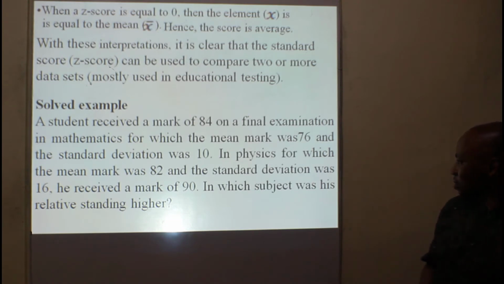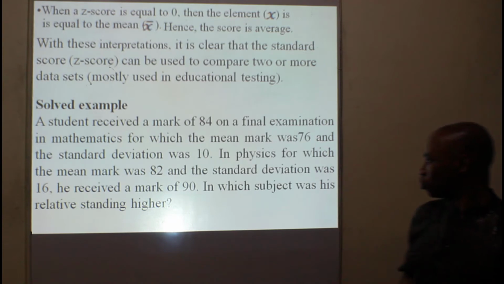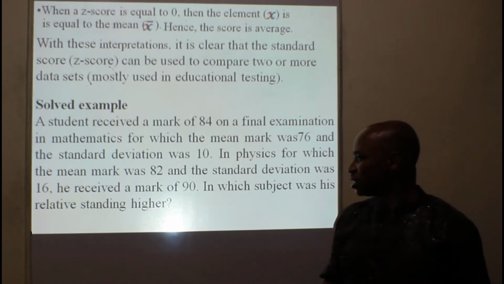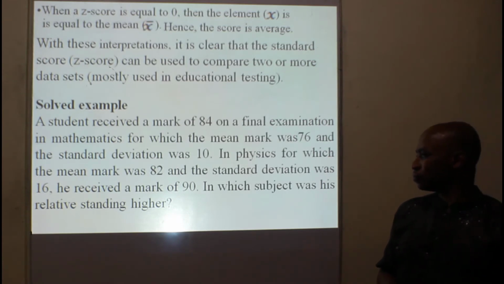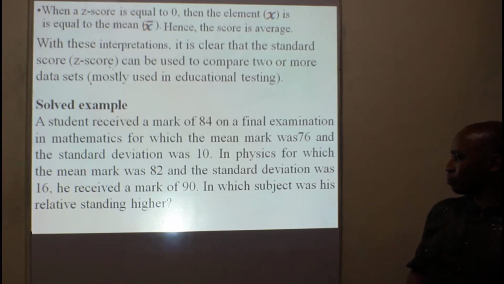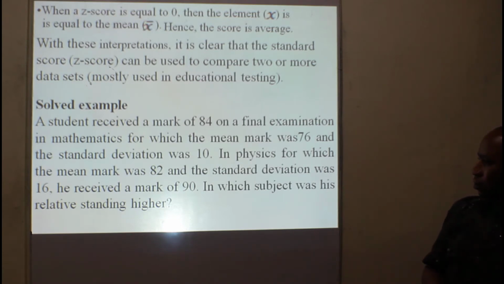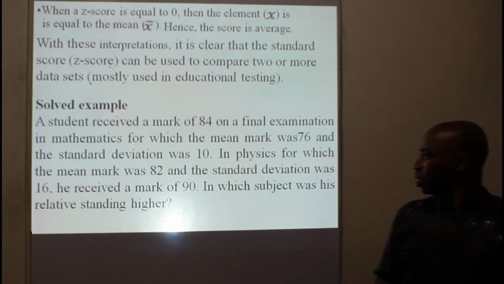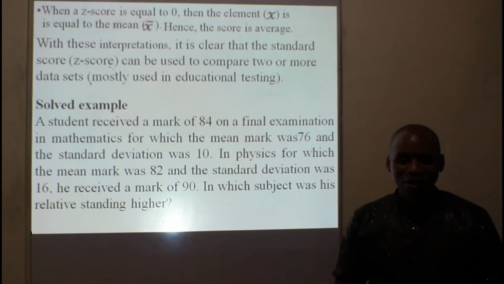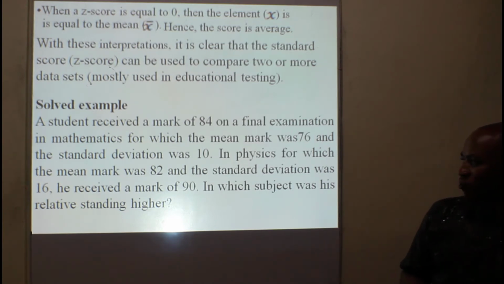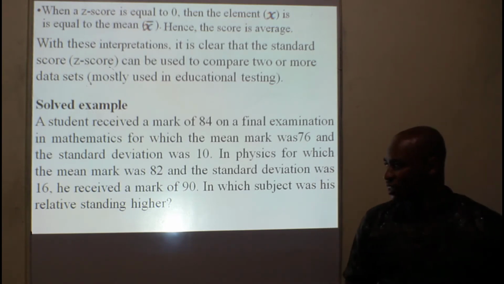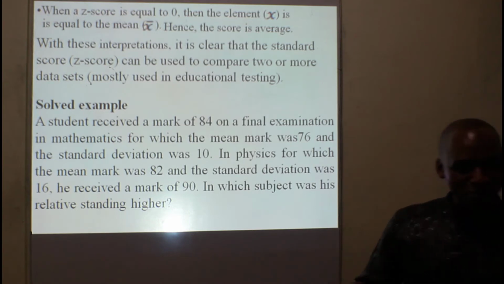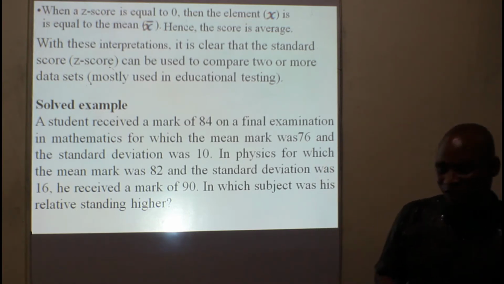In physics, the student had a mark of 90 with standard deviation 16, and the mean mark of all the scores is 82.